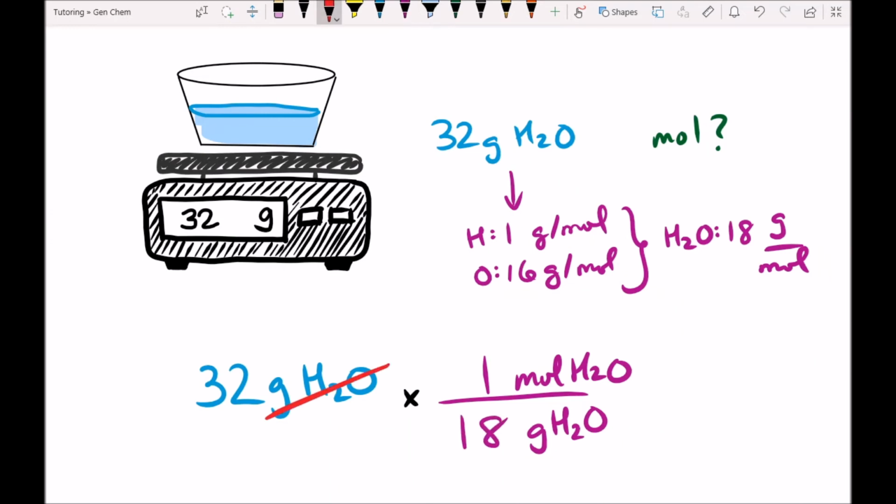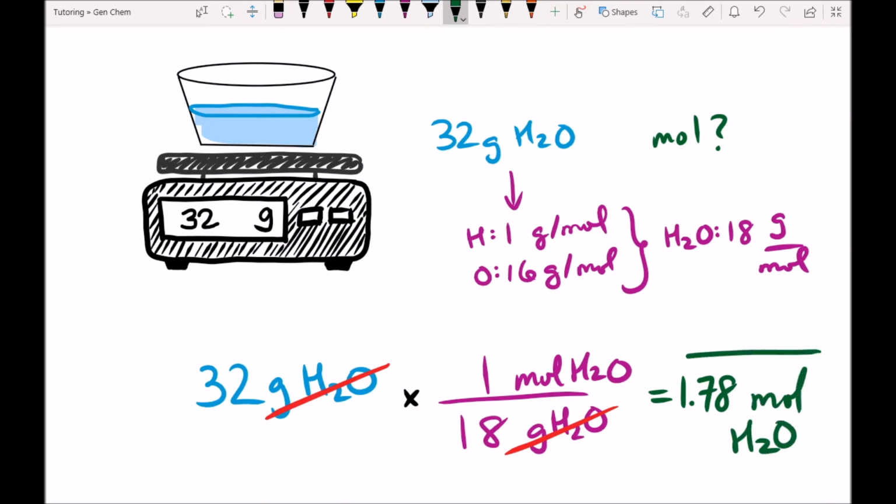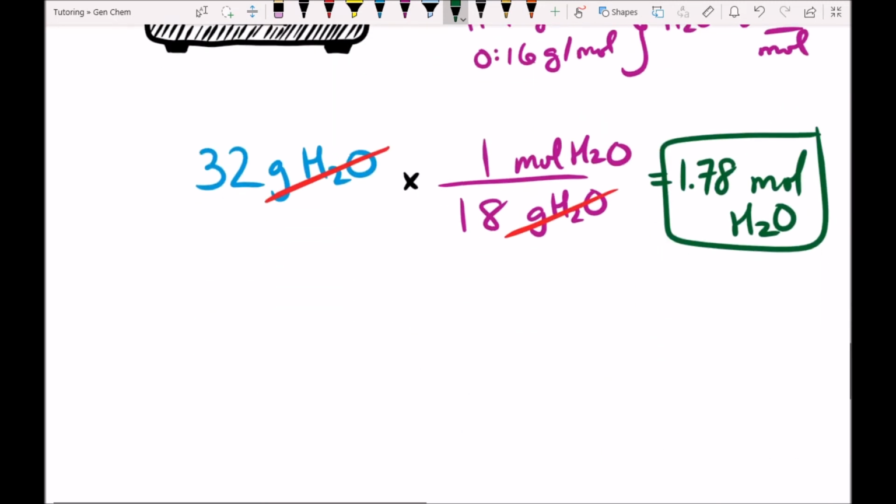Multiplying grams of water by moles of water over grams of water cancels out grams. And 32 divided by 18 is 1.78. We canceled out grams of water, so we're left with moles of water. And that's our answer, 1.78 moles of water.